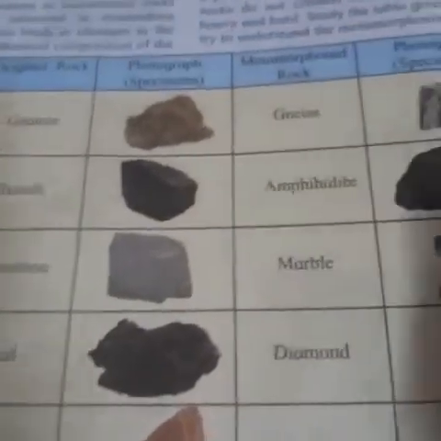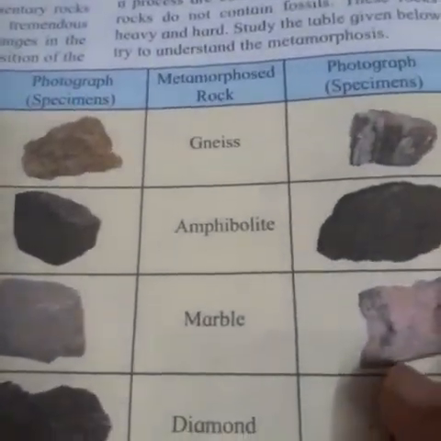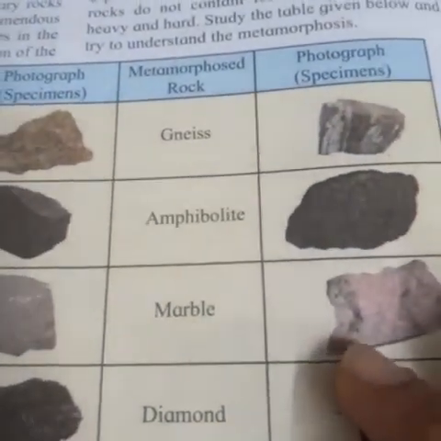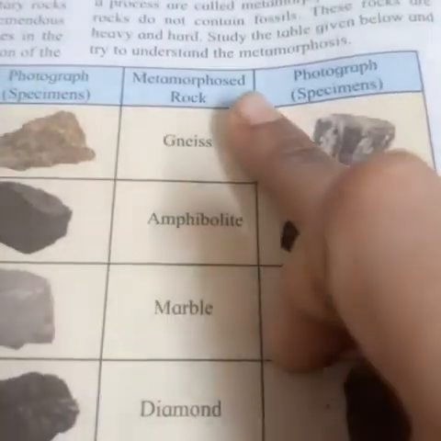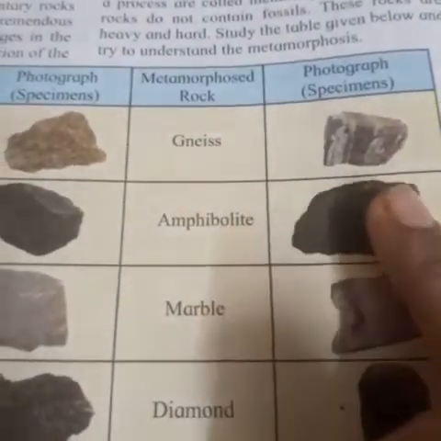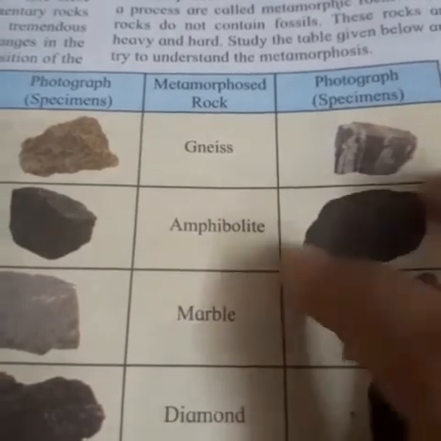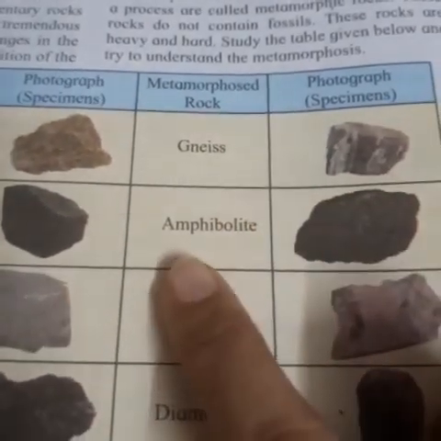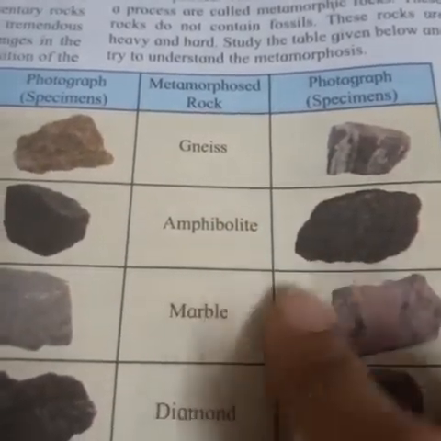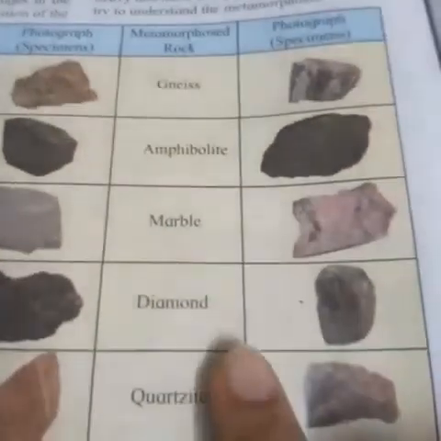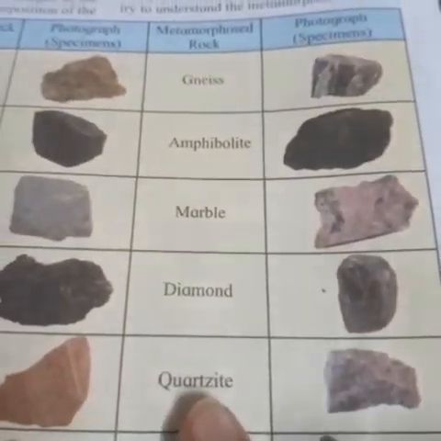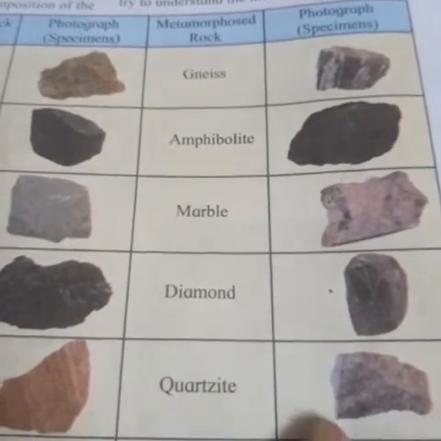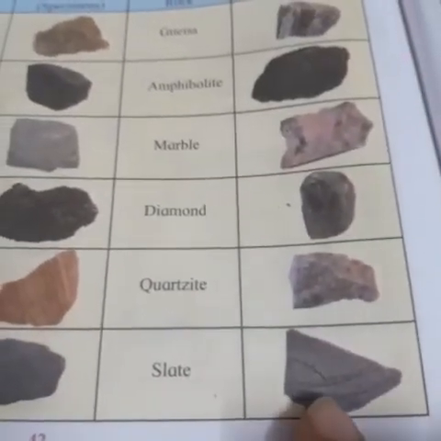After that, due to the amount of heat and pressure, the metamorphic rocks are given a new name. So this is the image of that: gneiss, then amphibolite, then marble, diamond, quartzite, and slate.